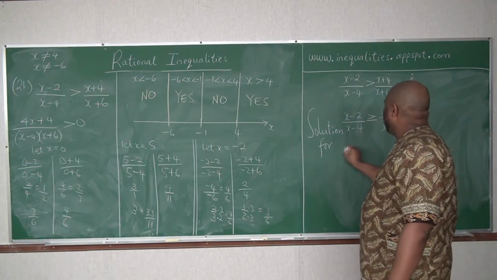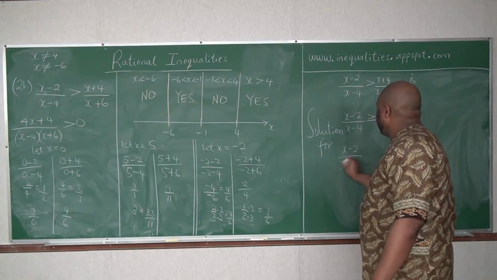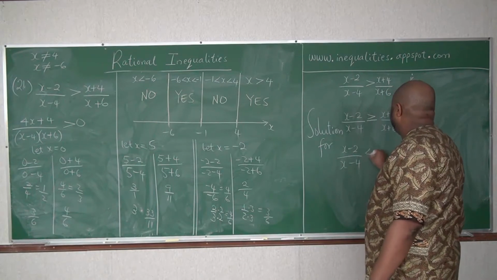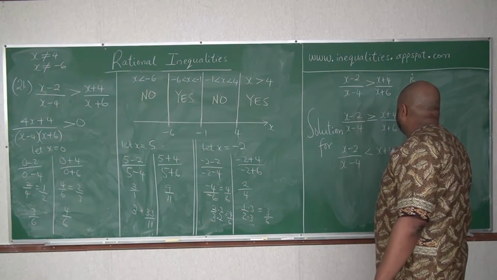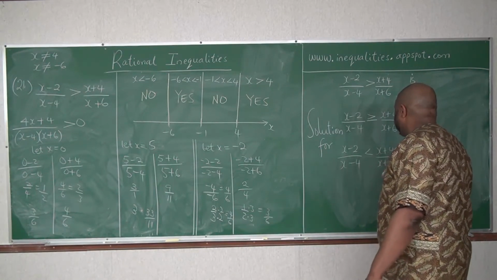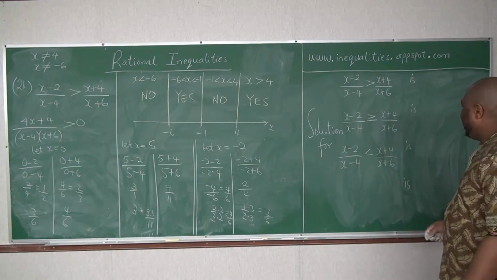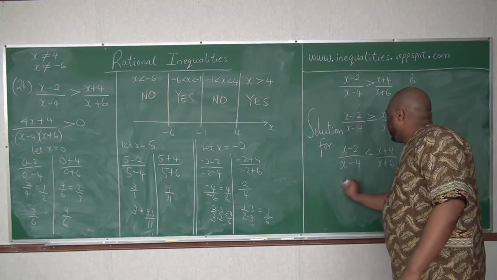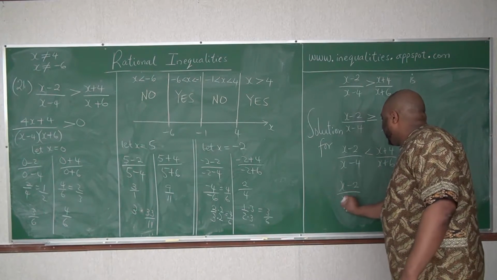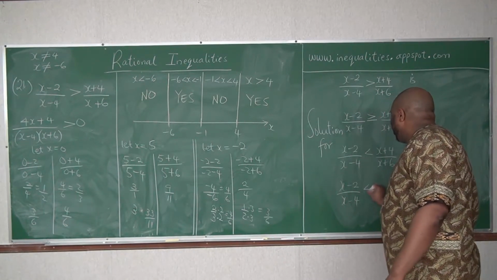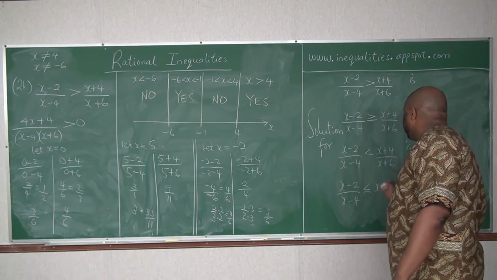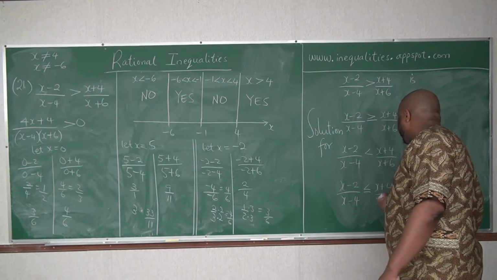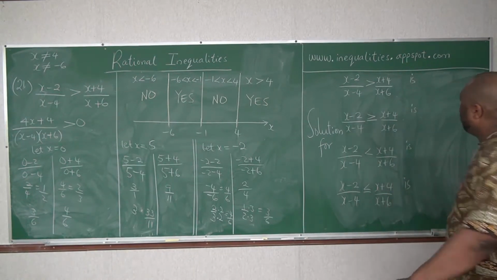Third one, x minus 2 over x minus 4 less than x plus 4 over x plus 6. And the last one, x minus 2 over x minus 4 less than or equal to x plus 4 over x plus 6.